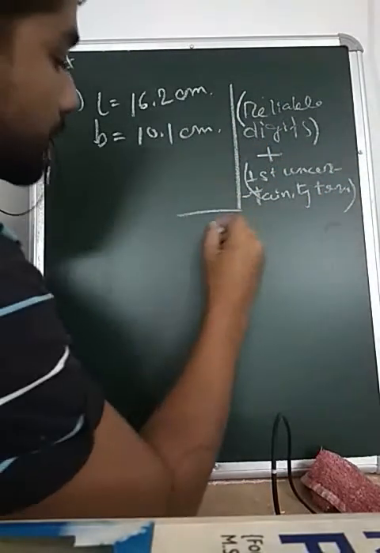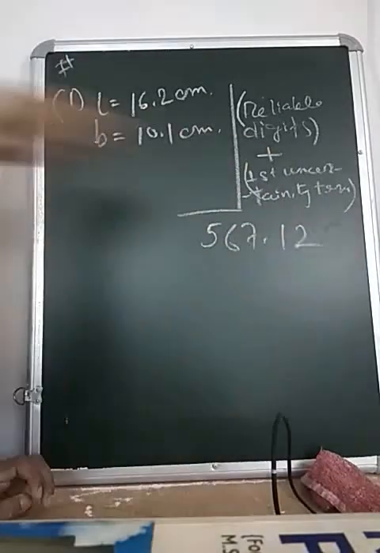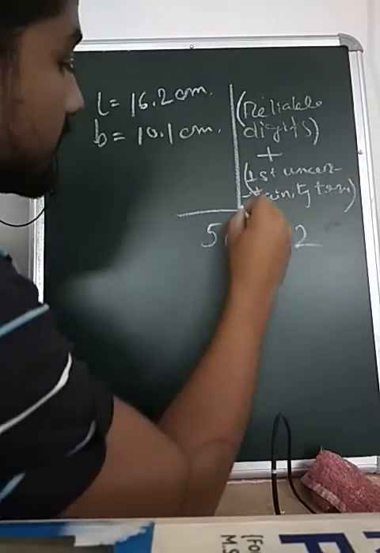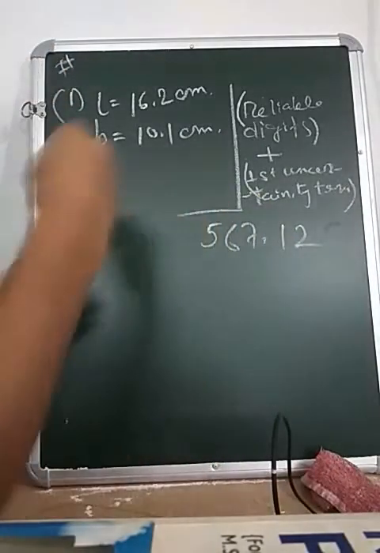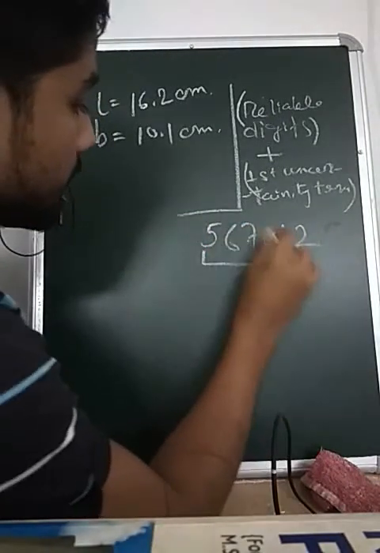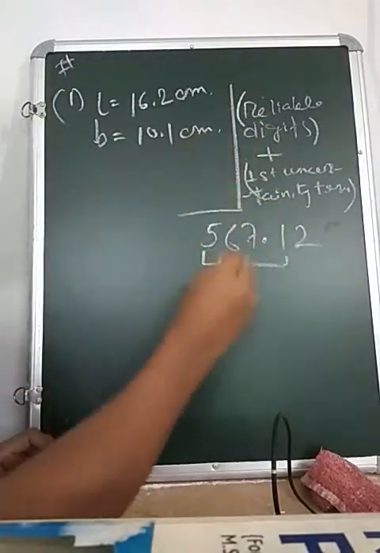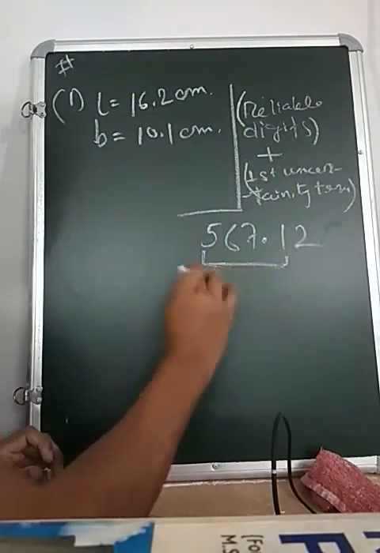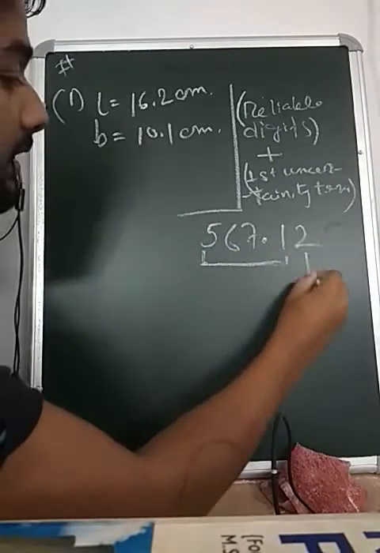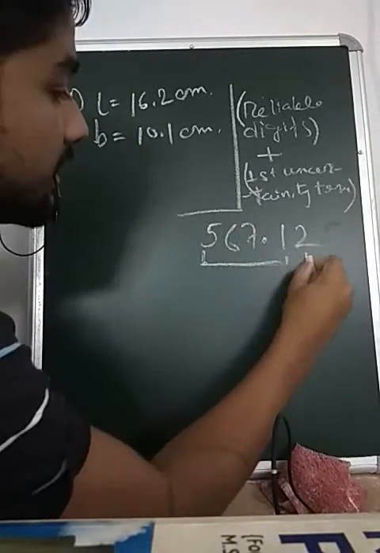Suppose 567.12. Here suppose this is an experimental result. These four are the reliable digits. And the last term contains the error, so this is the uncertain term.